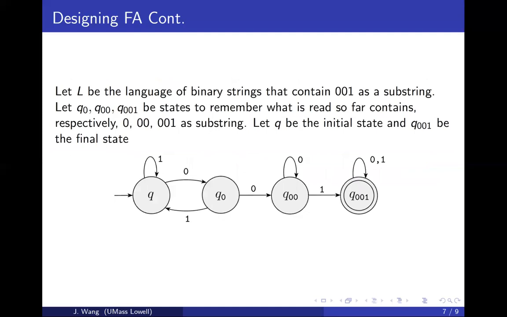So let's look at another example. In this case, let L be the language of binary strings that contain 001 as a substring. Now we use Q, Q0, Q00, Q001 as states to remember what is read so far, that contains respectively the prefixes empty, 0, 00, or 001 as substrings.